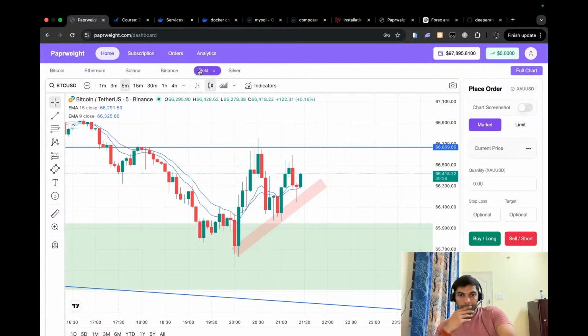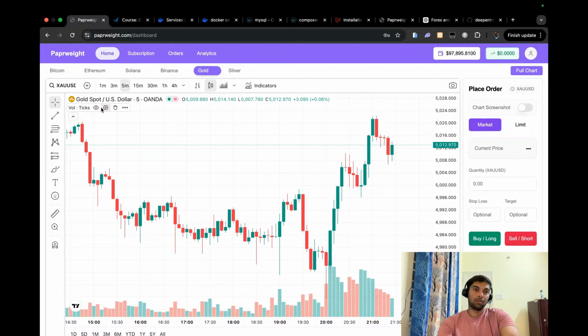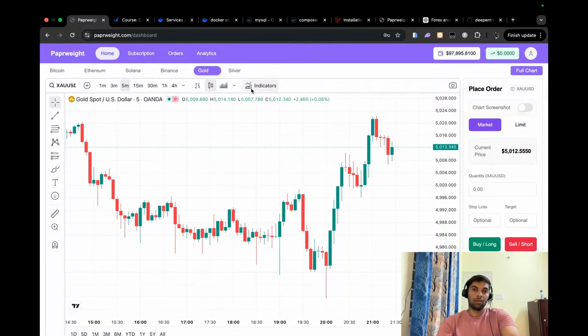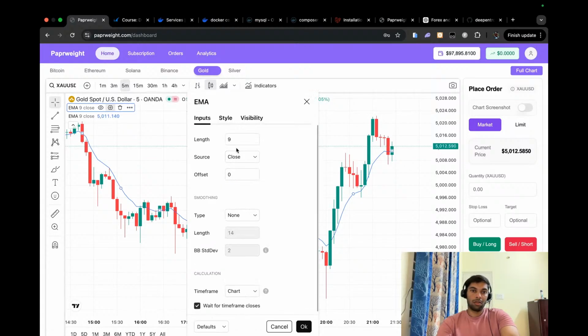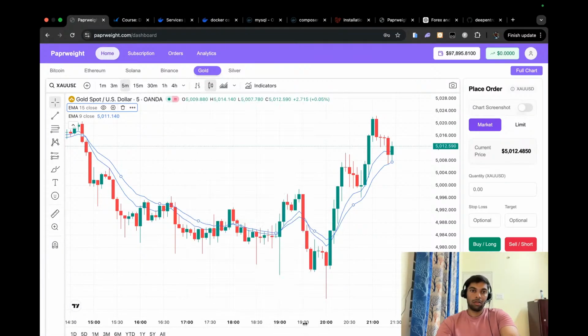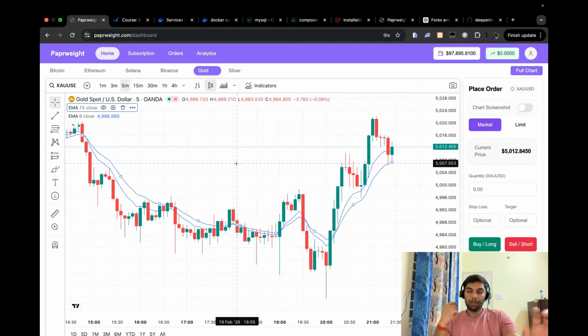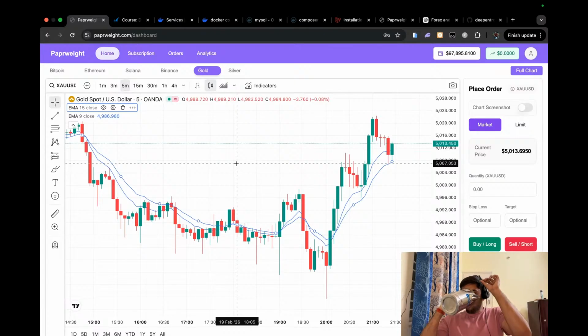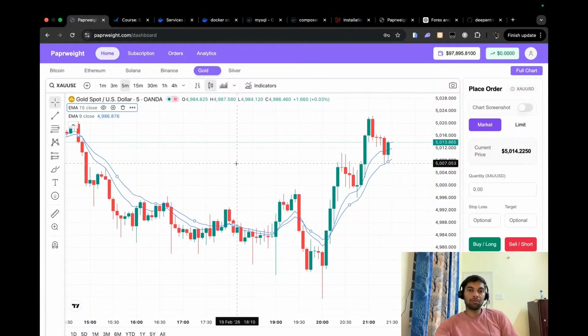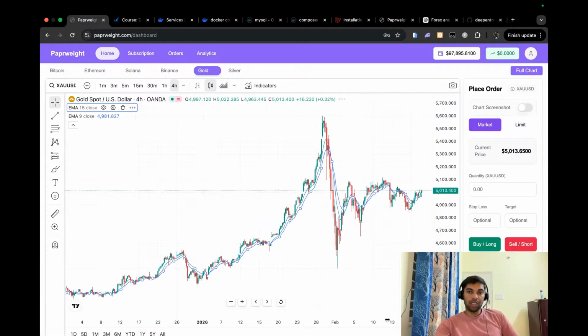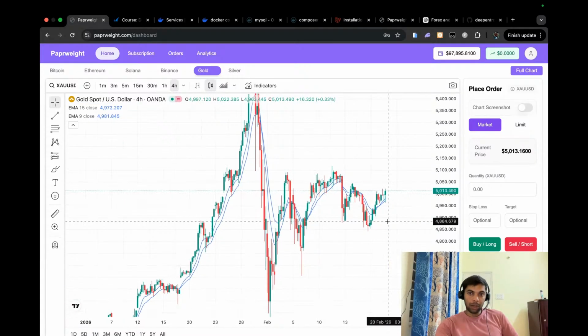Let's see what is happening at gold. In gold at the higher time frame, you can see that there is buying for the past couple of hours.